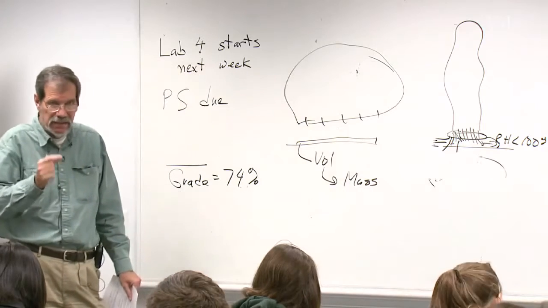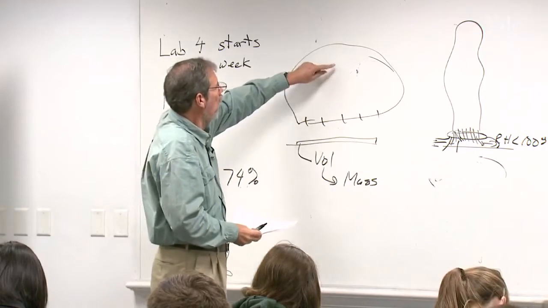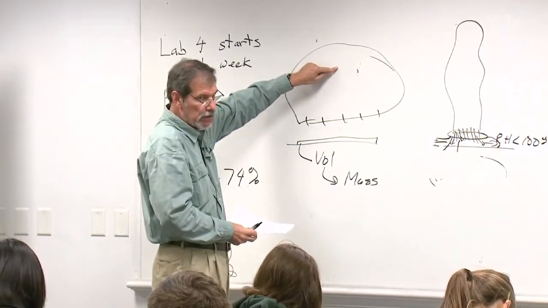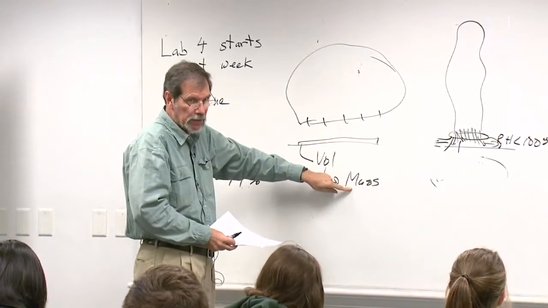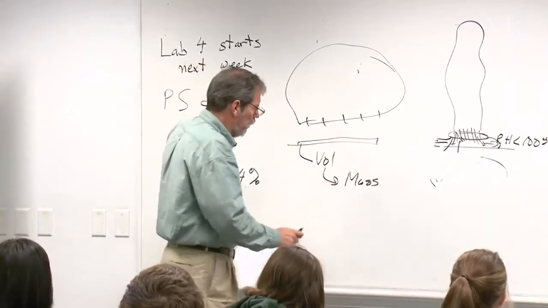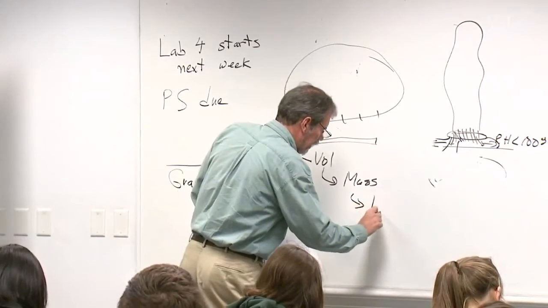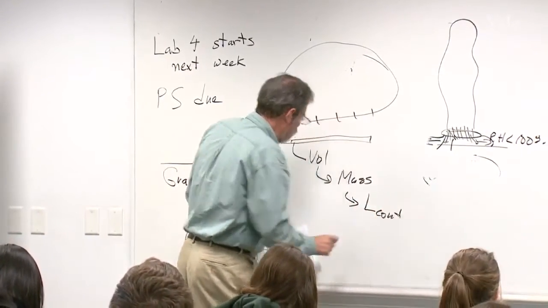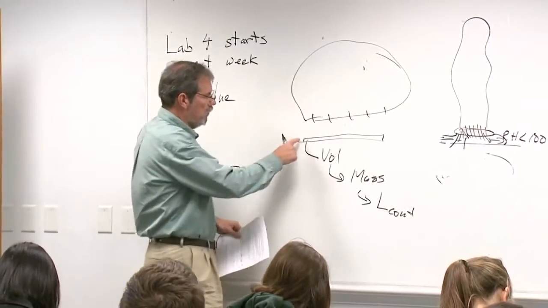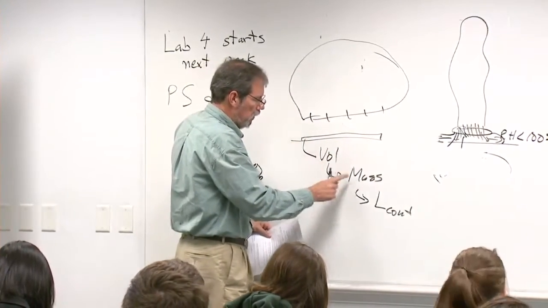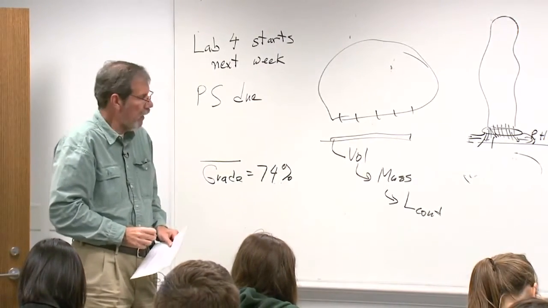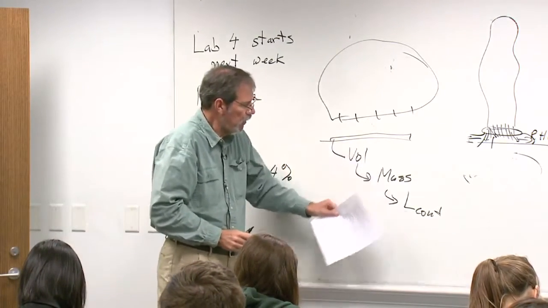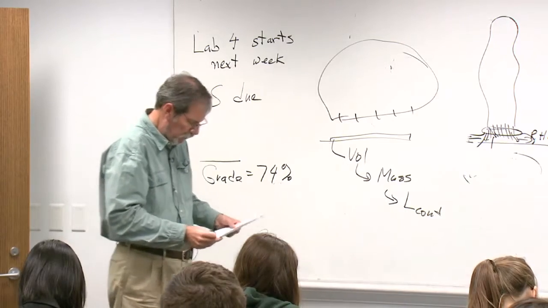And then knowing the latent heat of condensation, you know how much heat had to be released in order to condense that much vapor to a liquid. So from the mass, you just multiply that by the latent heat of condensation. So the dimensions give the volume, the density of water, which is 1,000 kilograms per cubic meter, gives you the mass, and then the latent heat of condensation gives you the rest.